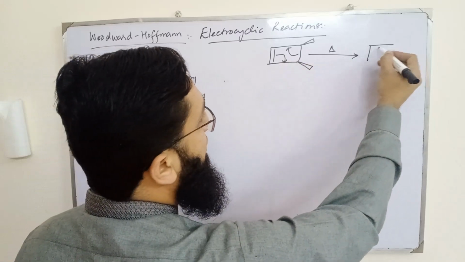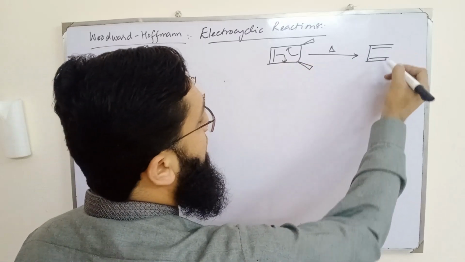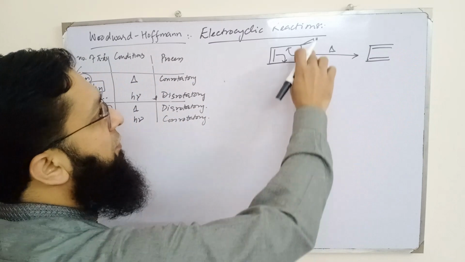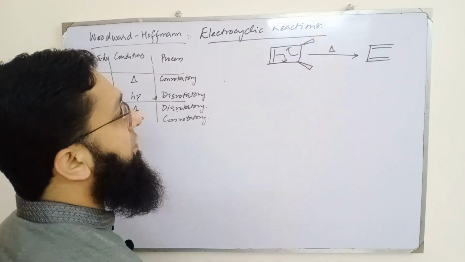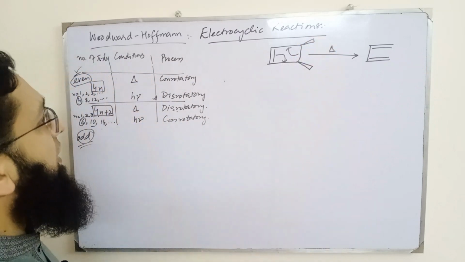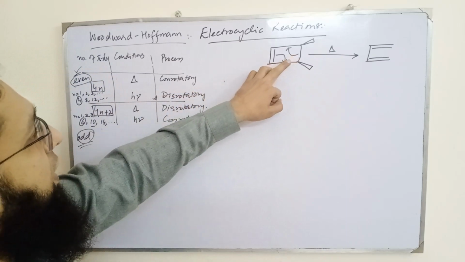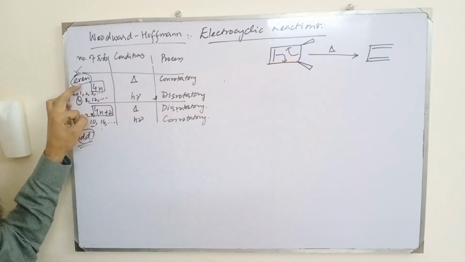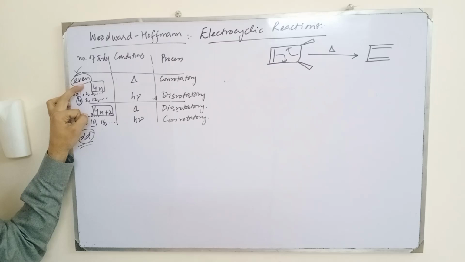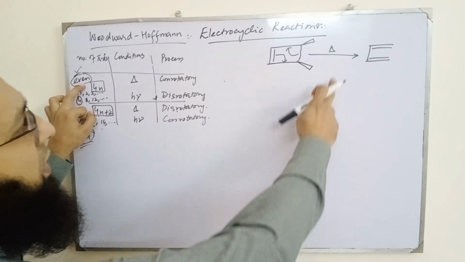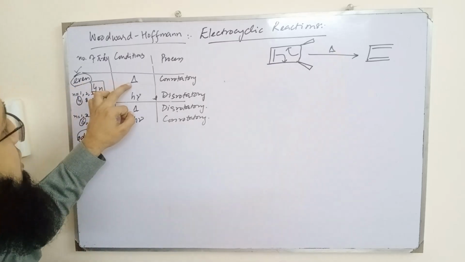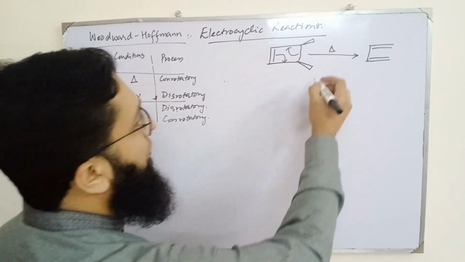As a result, we would get this one. Now where would these two groups lie? We have to see the process. Here we have two electron pushing arrows, meaning an even number, and the reaction is initiated under thermal conditions, so the process would be conrotatory.